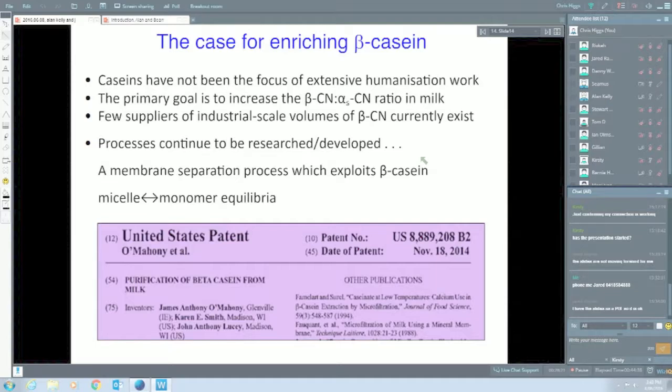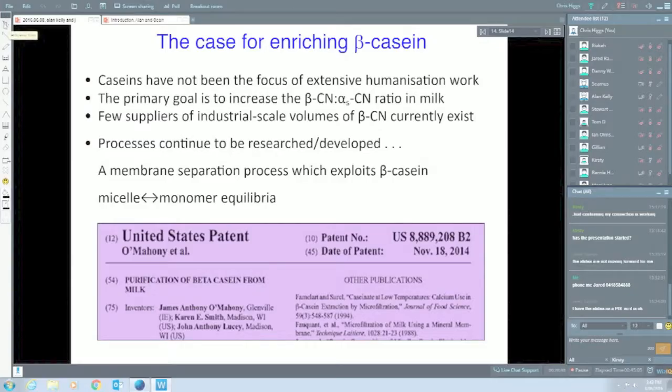But the particular approach that we've taken in recent years, based on some work in collaboration with the University of Wisconsin in the US, is to use a membrane filtration based approach, which essentially exploits differences in the equilibrium of beta casein between the micellar form and the monomer form as influenced by temperature.